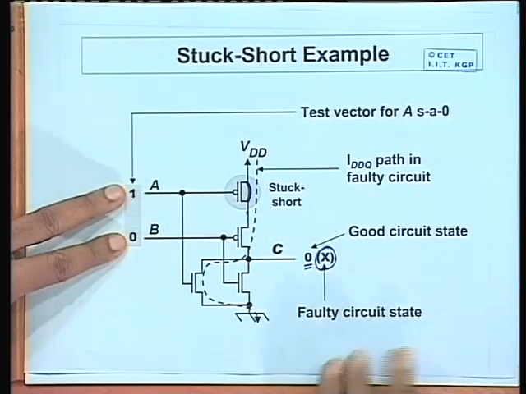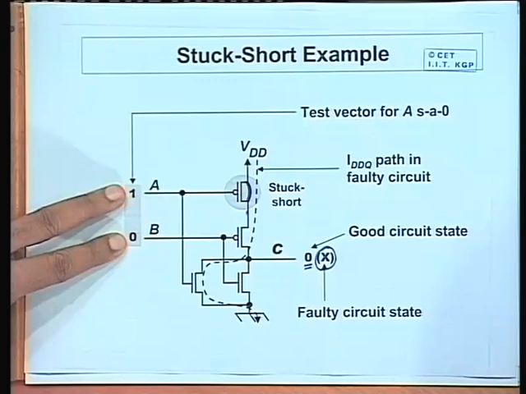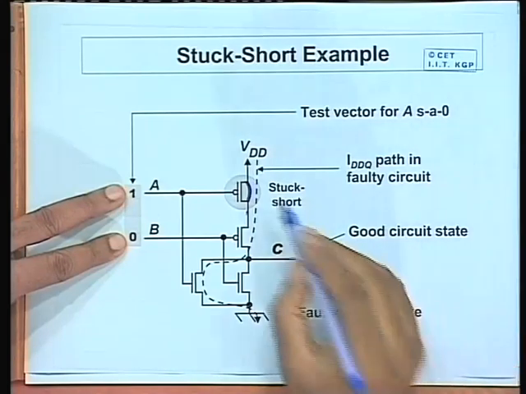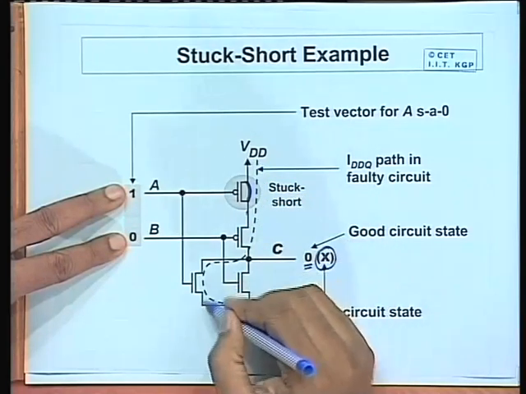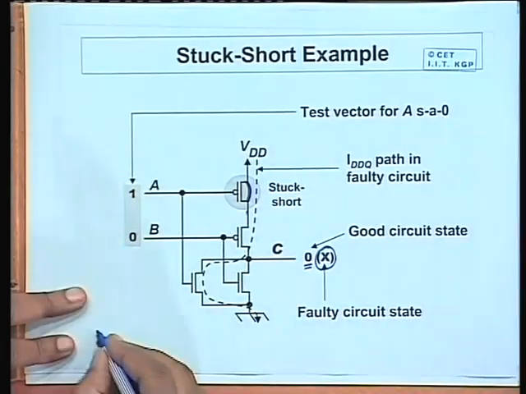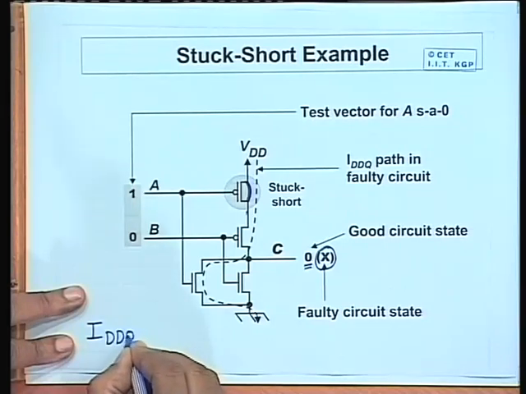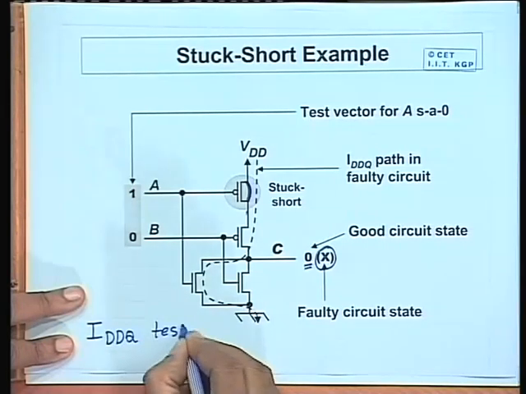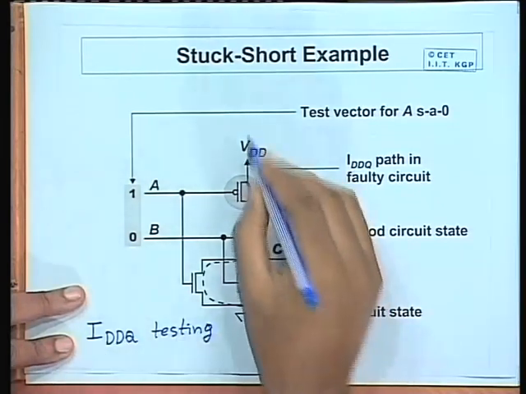This kind of thing cannot be simply detected by observing the logic value of the output. Rather, here you will have to measure the current that flows from VDD to ground. This is sometimes called IDDQ testing. You are measuring the quiescent current from VDD to ground.